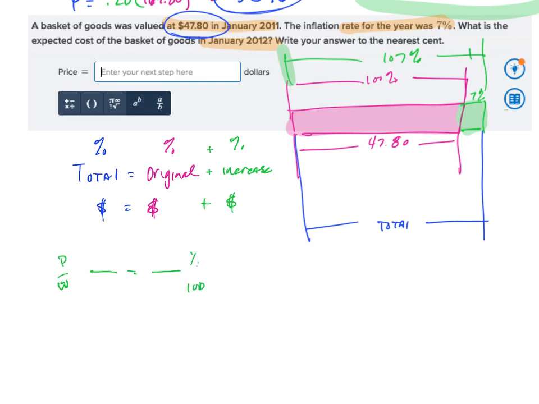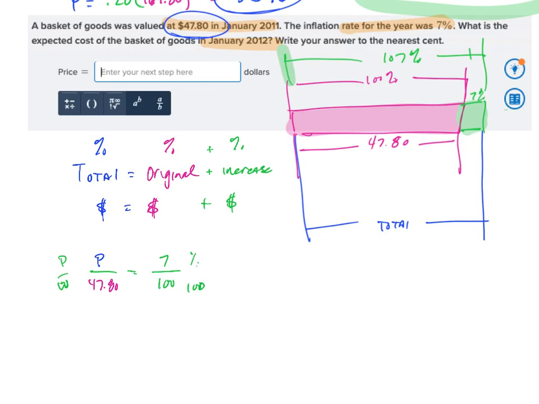Okay, so if I have that, then what I'm going to plug in is my part, which I don't know yet, and my whole was 47.80. My percent increase is 7%, and that's always over 100. That 100 is always there. And we are trying to figure out that part.